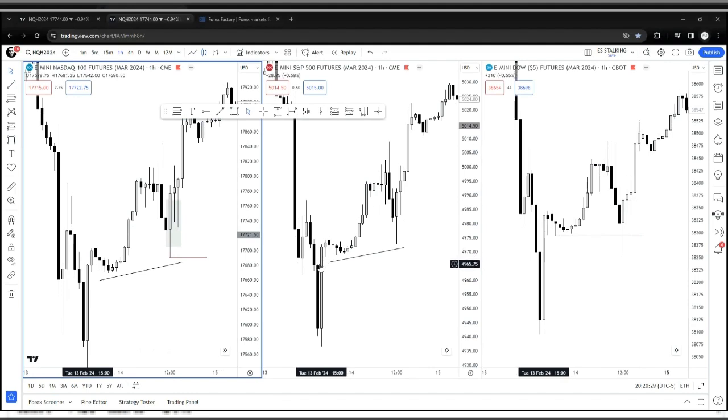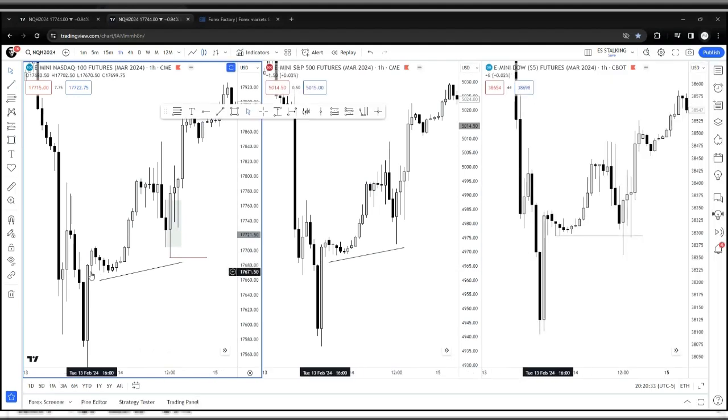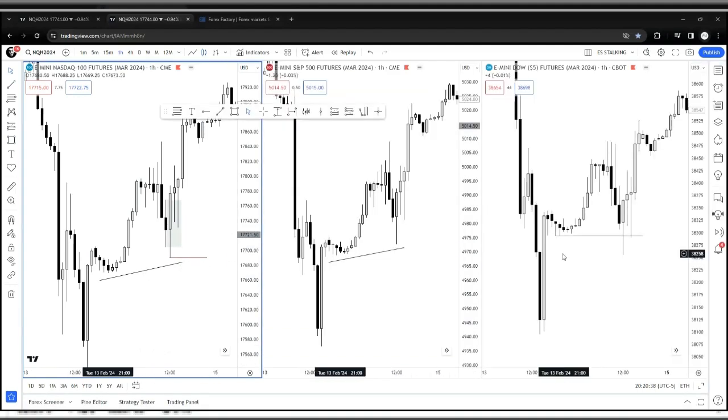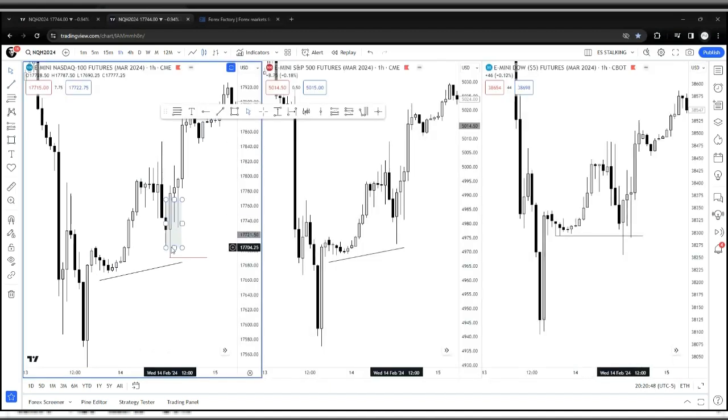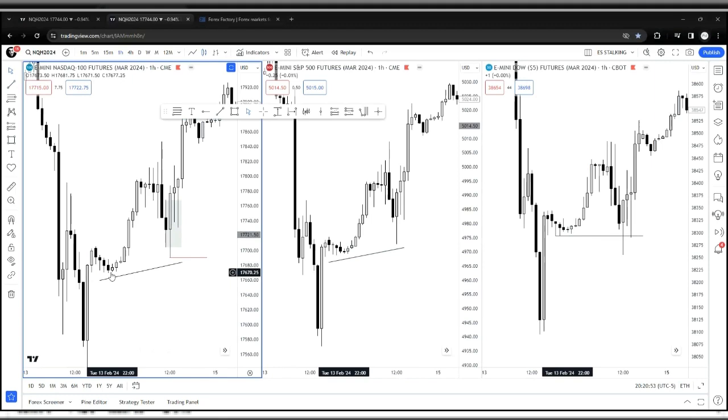And then we had this fair value gap left open, right? And this is something else that you'll glean. There are times when you'll be waiting for price to close into a fair value gap. And then you'll be waiting and then it just runs, drops, fails to break below the low which you were waiting for because you wanted to buy here, right? And just continue to run. This is usually what happens, right?